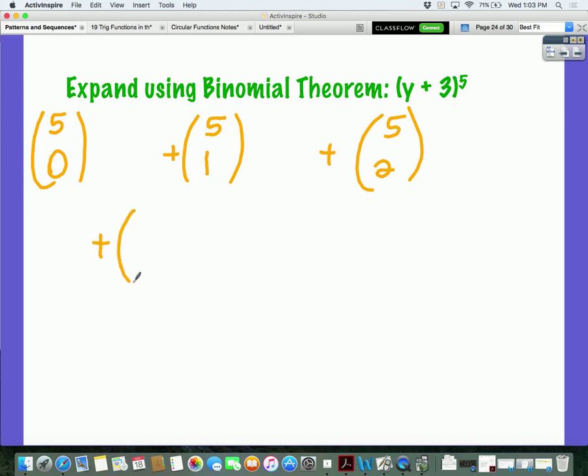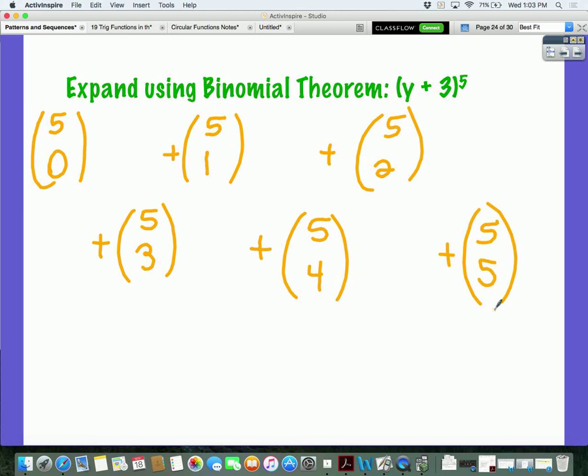You guys can probably keep this all on the same line. I don't have space. Okay? So we increase the bottom part of the combination all the way up until I reach the exact same number as n.